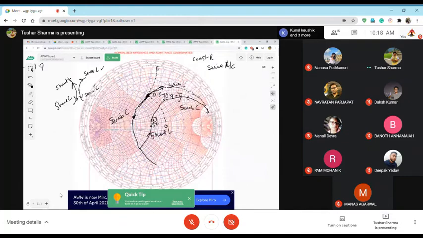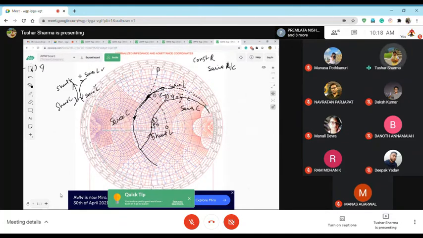If I reached up to here, now I have to move on the constant R circle. So technically you will have to come back to the same point, because you went all the way up to here. Series C will move you in a clockwise direction.